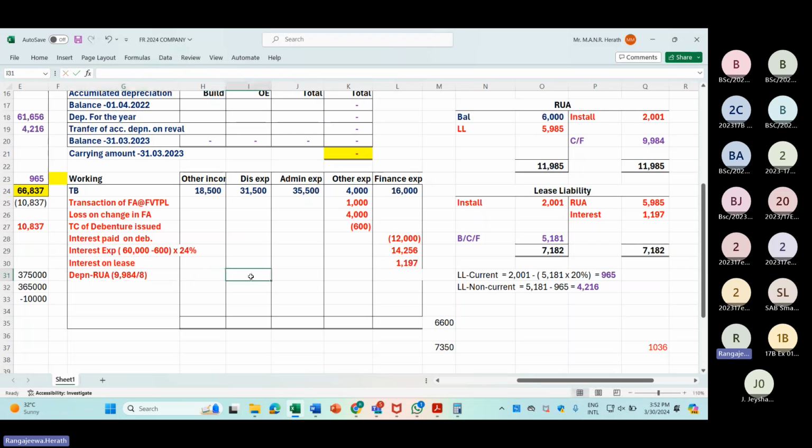Motor vehicles, I consider it is used for administrative purpose. 9,984 divided by 8.